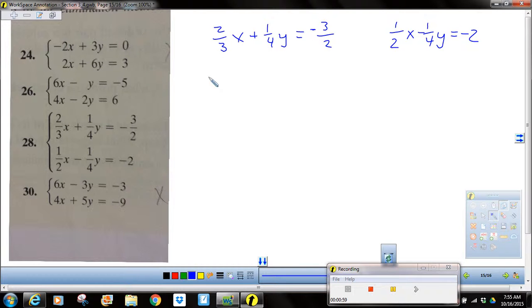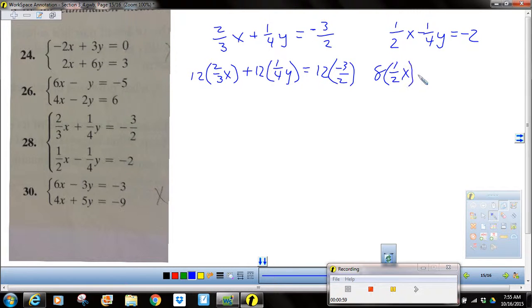Okay, common denominator is 12. On this it's 8. 12 times 2 is 24, divided by 3 is 8x. 4 goes into 12, 3 times 1 is 3y.